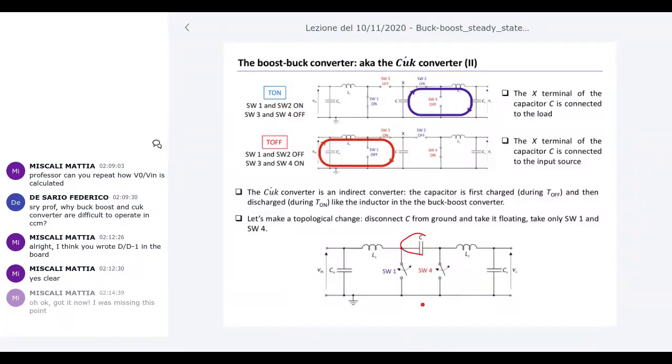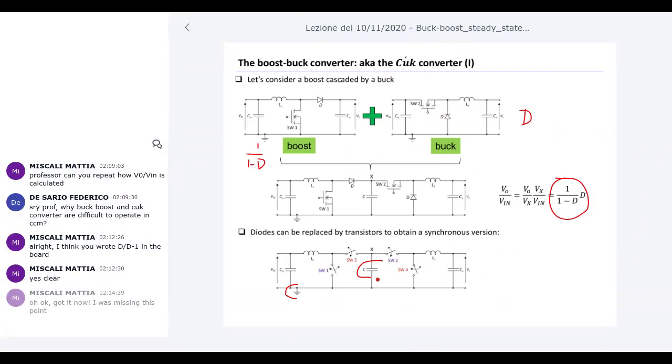Because in this situation, when you charge the capacitance, you charge it with a voltage that has the plus and minus signs with this polarity. When you discharge this capacitance, the plus and minus sides are connected to the load in this way, because this node is fixed.